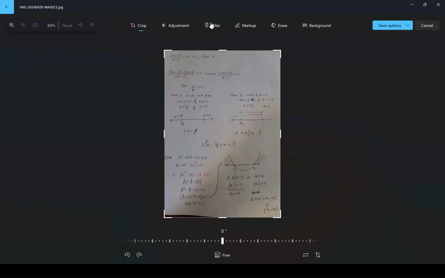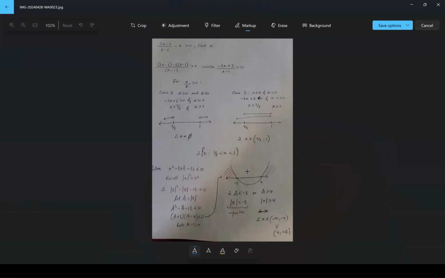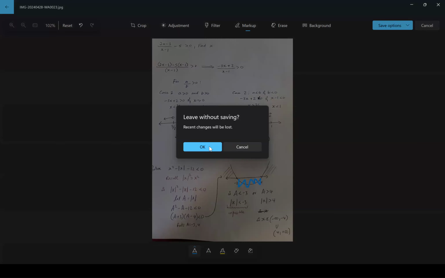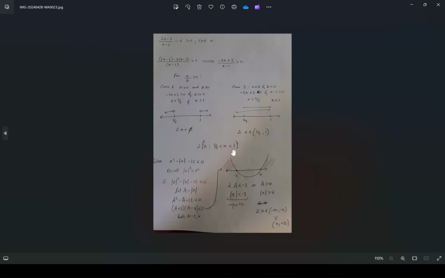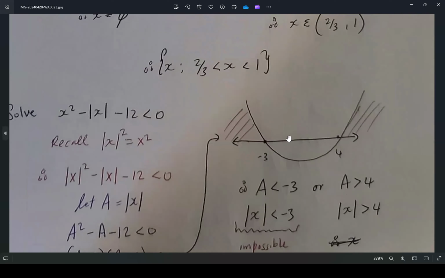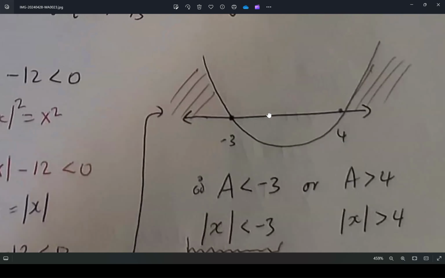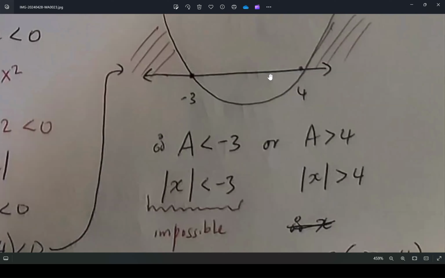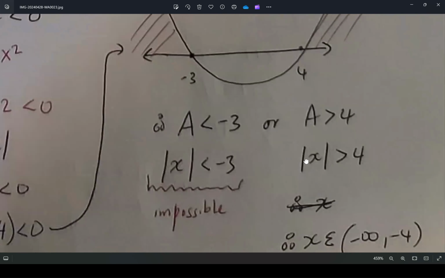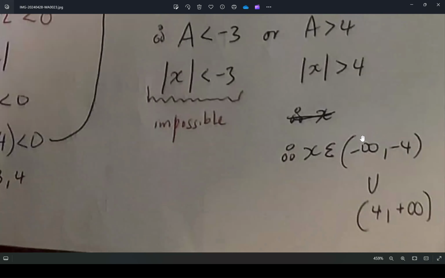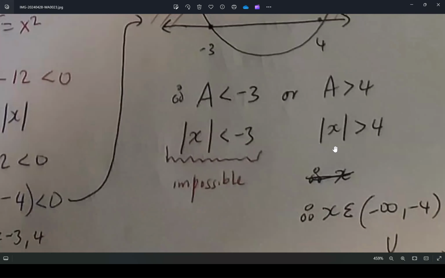I should be looking at this section, the in-between section. So what this should have been is that a is between this range, right? I'm going to continue with this, but do notice that the answer that I have here is incorrect. Incorrect in that it should be everything else except this, okay?